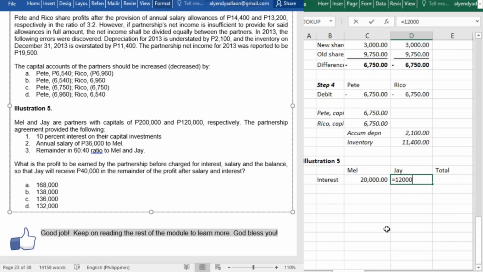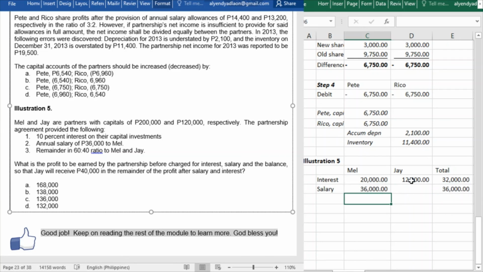And we have 120,000 multiplied by 10%, and that is 12,000 pesos. 12,000 plus 20,000, we have 32,000. For the salary, that is 36,000 to Mel alone.